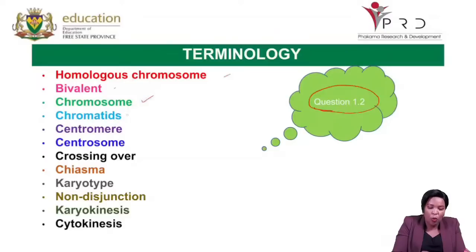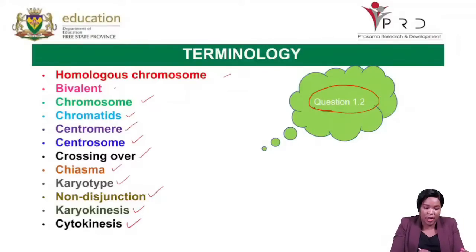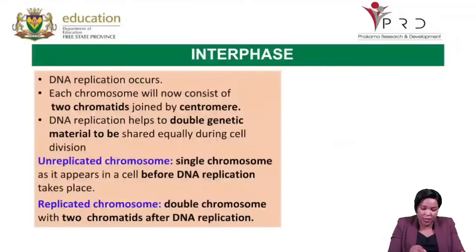What is a chromosome? What is a chromatid? Because sometimes you confuse the two. Then what is a centromere? What is a centrosome? Then what is crossing over? What is a chiasma? What is a karyotype? Nondisjunction, karyokinesis, and cytokinesis. So these are some of the terminology that you need to familiarize yourself with for meiosis.